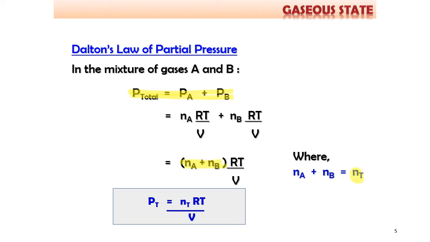Or you can sum up, ataupun tulis the equation in this form, P total. Or instead of calculating one by one, ini cara pertama. Ataupun you can also use this equation straight away if you have the mole total. So total pressure is equal to mole total times gas constant times temperature in Kelvin, divided by volume in liter.